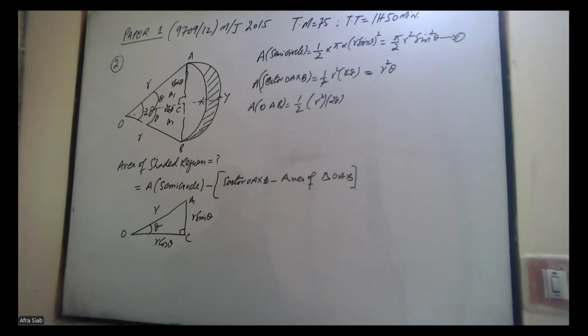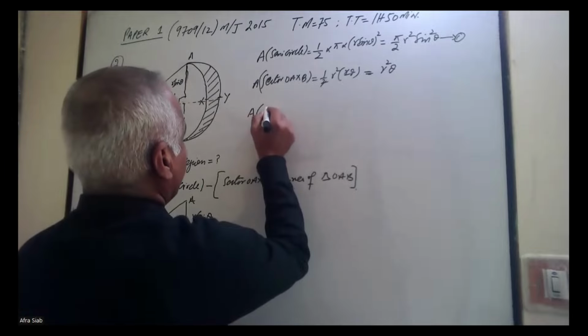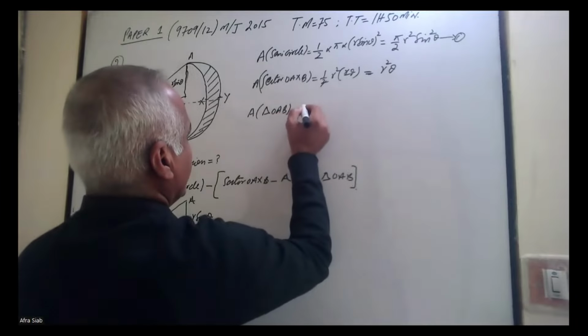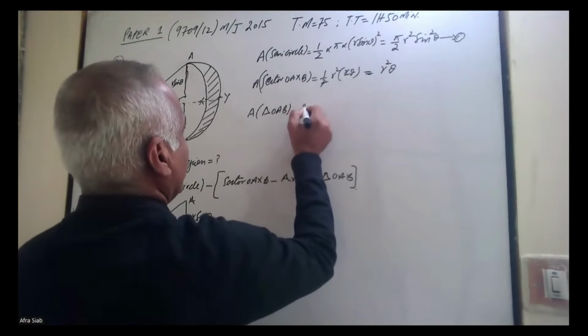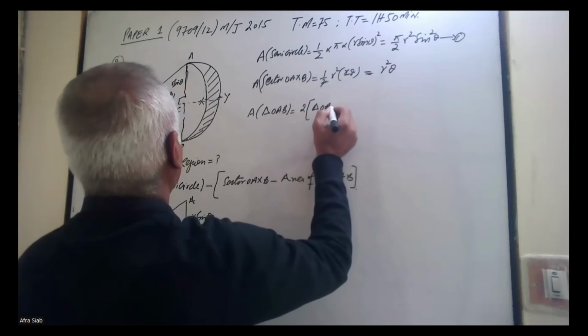So area of triangle OAB is basically equal to twice the area of triangle OAC.